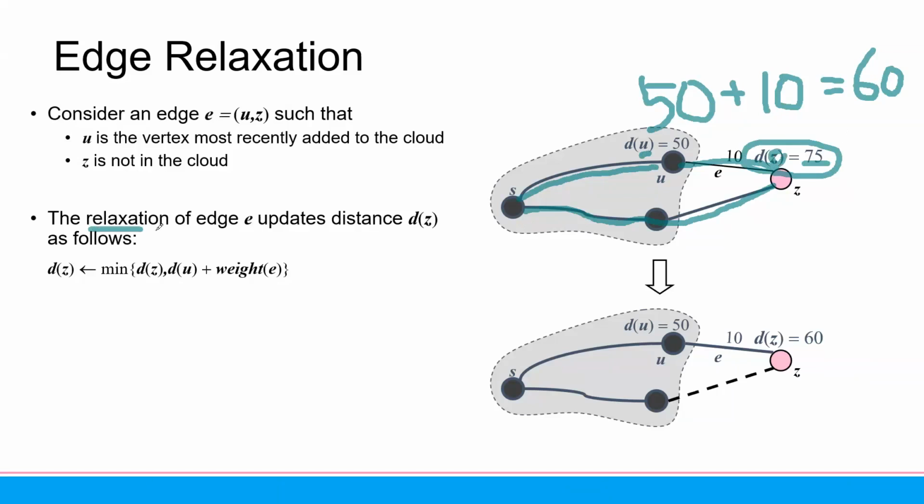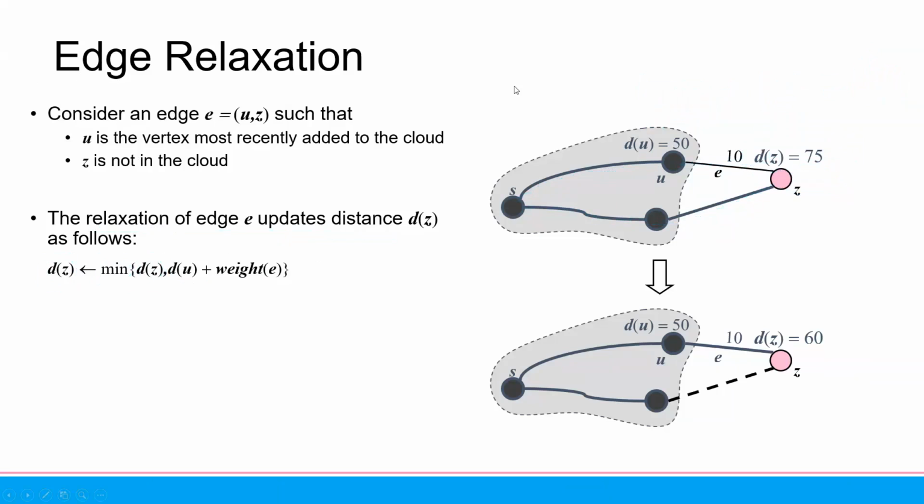The edge relaxation means we want to update it by finding the minimum. d(z) is the minimum of d(z), the current value, compared to d(u) plus the weight of e, because there can be a path from u to z via e.